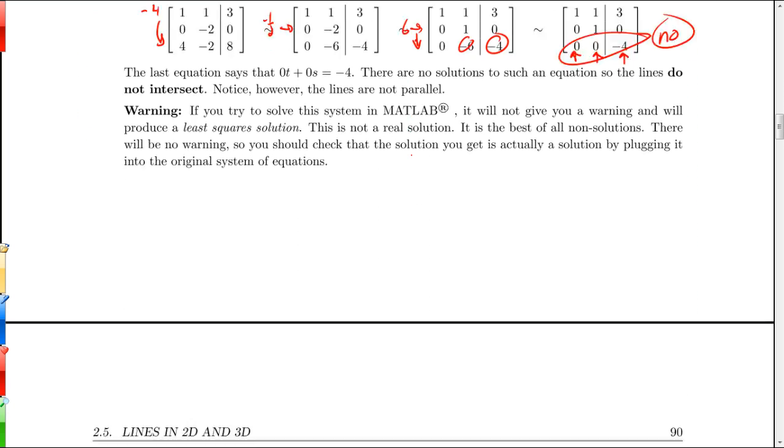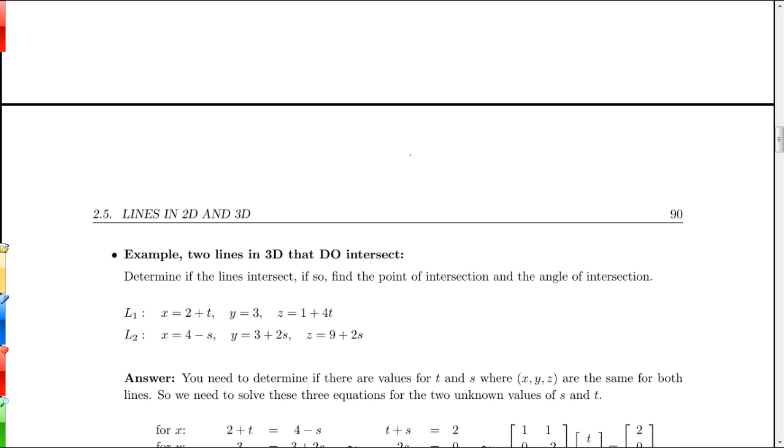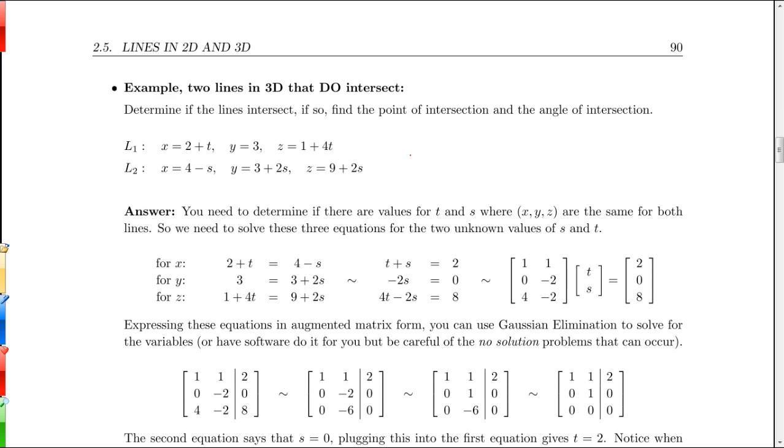If you get lucky, or you line it up, or you intend for them to intersect, you'll find out that you do have an answer, and that's demonstrated in this example here. The first line is defined by L1, the second by L2. Set the x's equal, set the y's equal, and then set the z's equal.